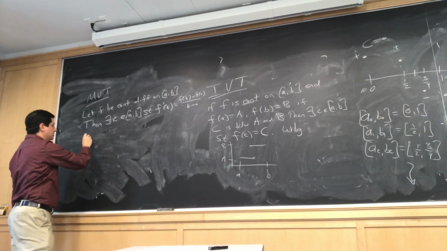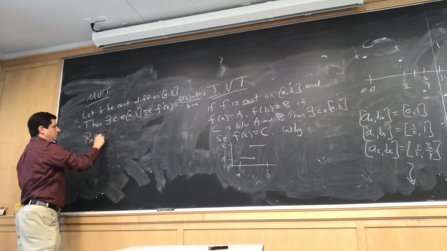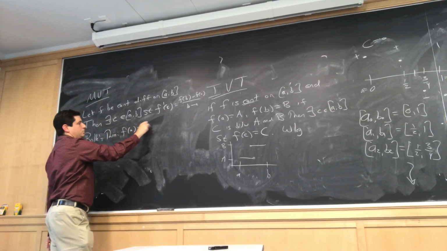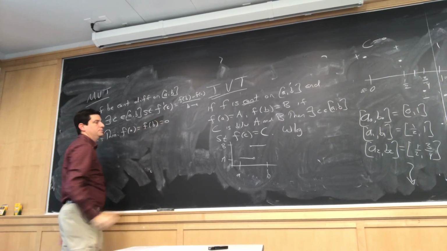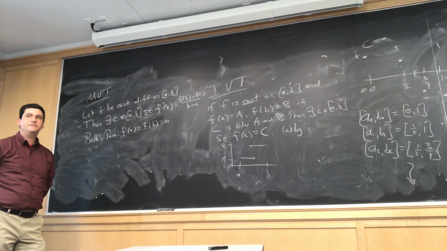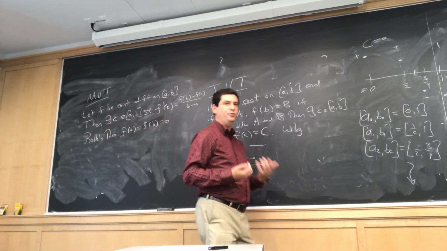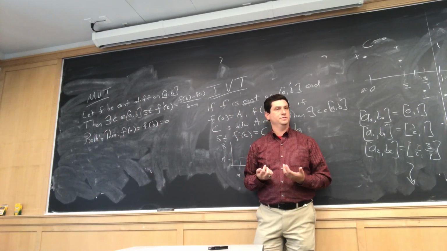The special case, Rolle's theorem, is when f of a equals f of b equals 0. And it's sufficient to study just that case. And this comes back to a trick we saw before when we were looking at fixed points.